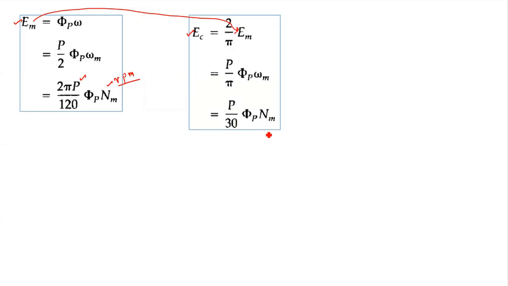Now we'll see the force on a conductor. When a current carrying conductor is placed in the uniform magnetic field, what will happen? Everybody knows the Lorentz law, the Lorentz theory of force, which you might have studied in your 12th class.